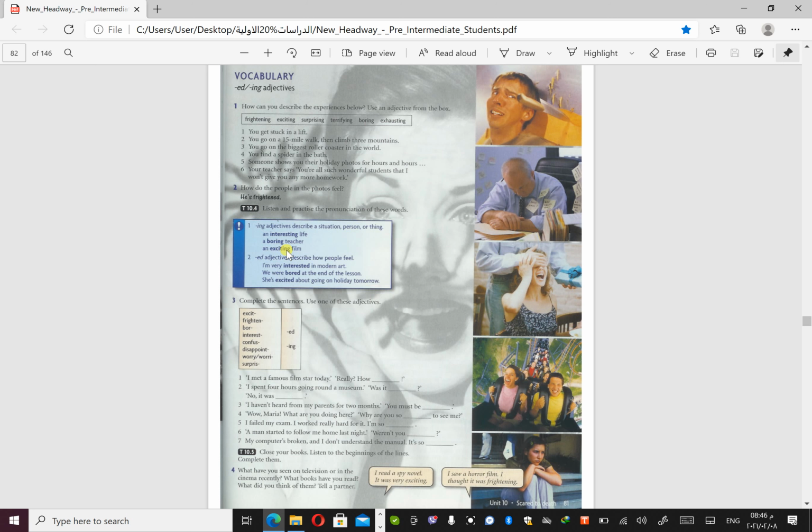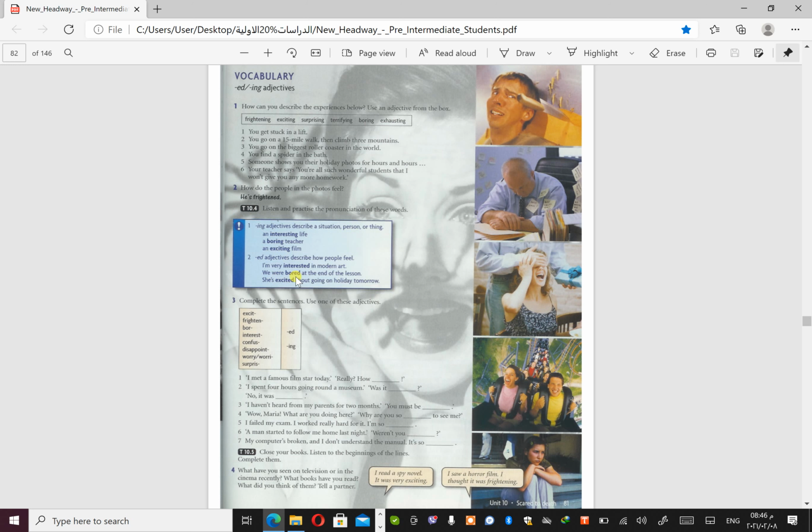And with ed we describe how people feel, especially when I talk about people. اوكي يعني هالصفة احنا عادة نحصرها للشعور because who can feel? absolutely the human, the people. فلهذا السبب if I say I'm very interested in modern art، فهنا it describes emotion.